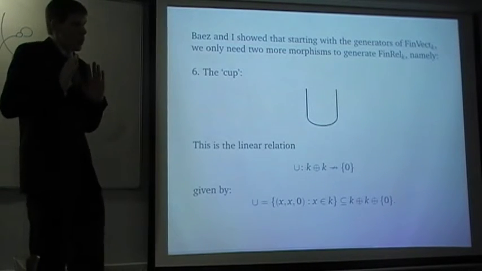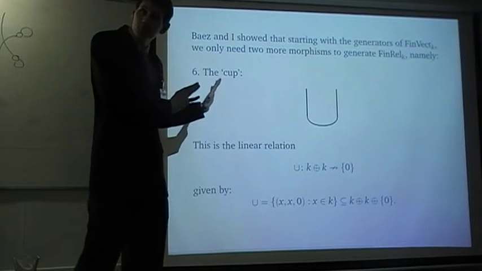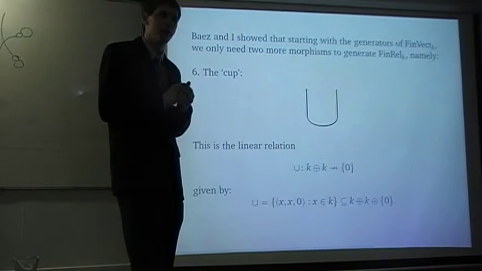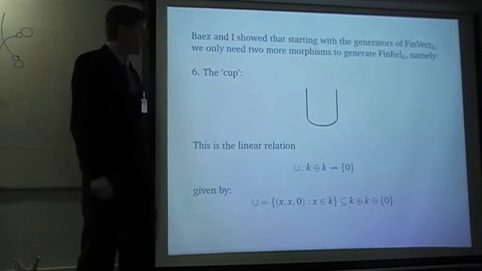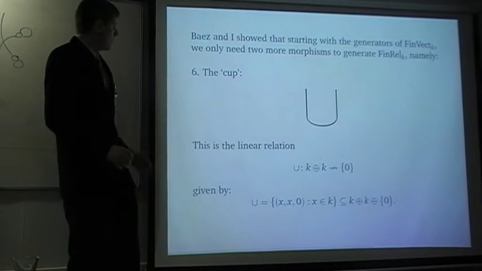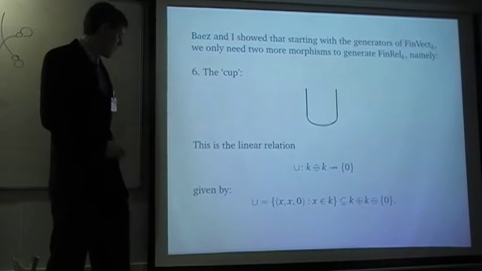So we've got the generators that we saw before. We've got two more generators that we need in order to come up with the category Finrel. And John Baez and I showed that these two that we need to add in are the cup and the cap.